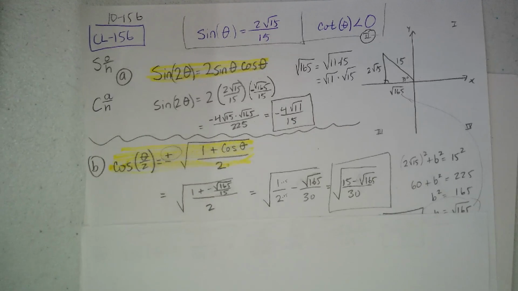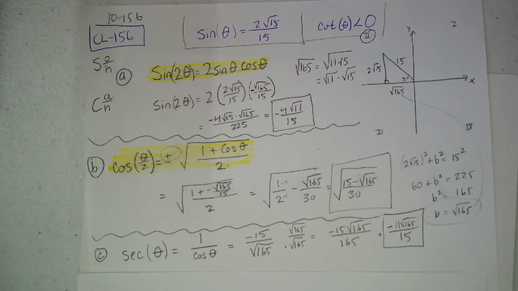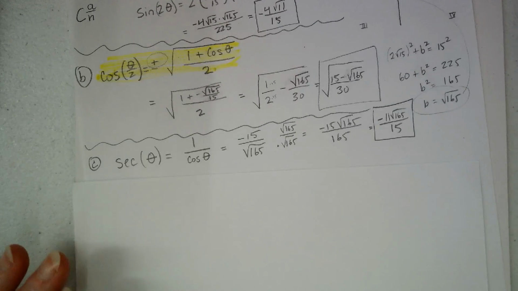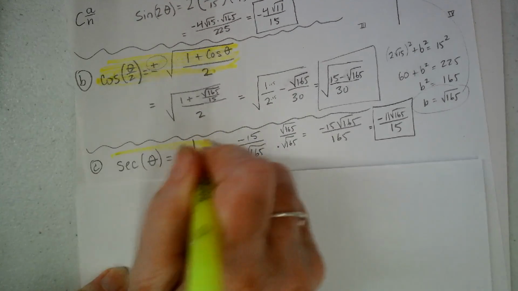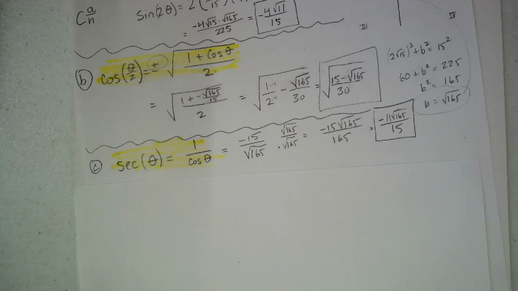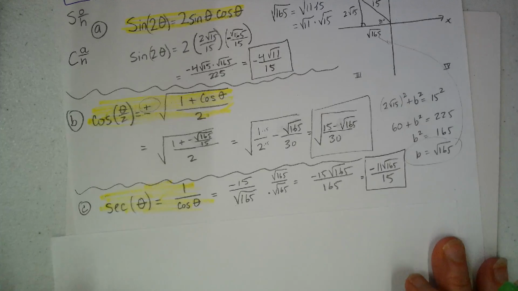Alright, so the next thing is letter C, secant theta, which is equal to 1 over cosine theta. Maybe we'll keep our little formulas with the yellow highlighter. So that's just a fact that we know. We already know what cosine of theta was.